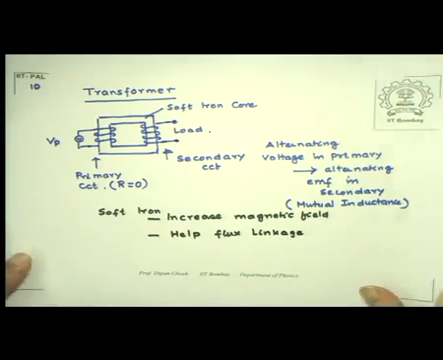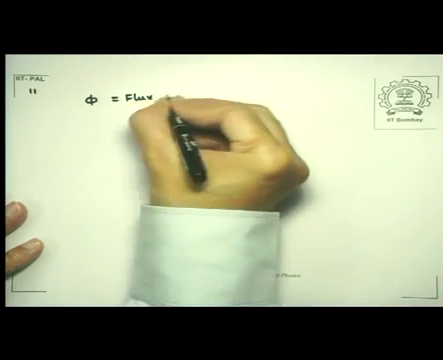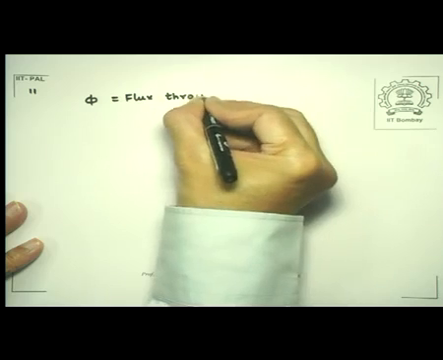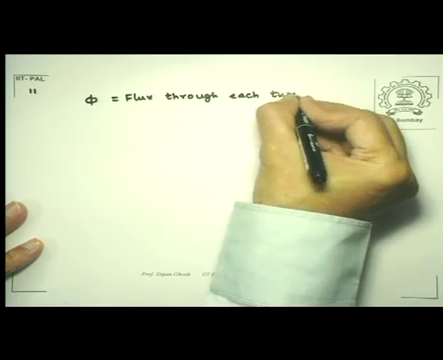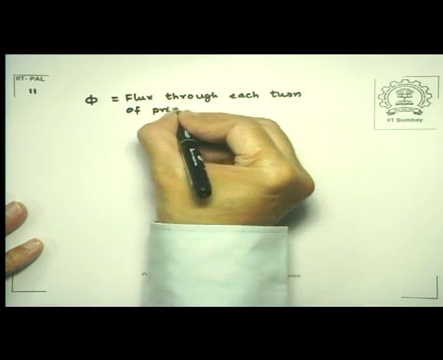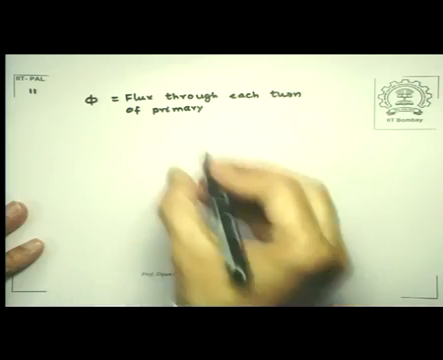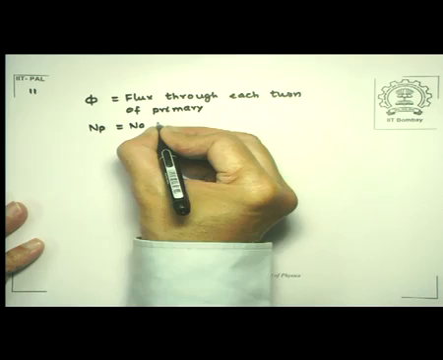Now suppose phi is the flux through each turn of the primary circuit. Let me also assume Np is the number of turns in the primary circuit.